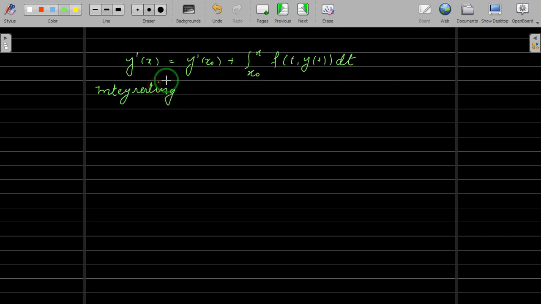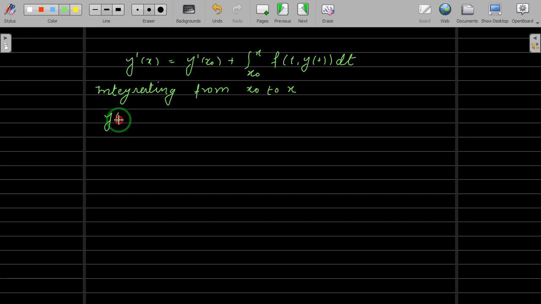Integrating from x naught to x. So let me write directly now here. When you integrate y dash, you will have y and then upper limit minus lower limit.